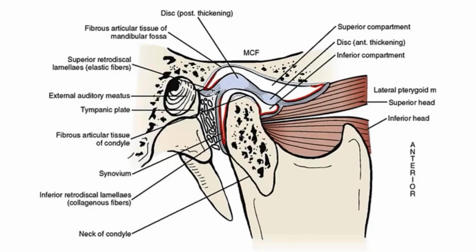We have said that the TMJ functions as a complex type of joint. We call it a ginglymoarthrodial joint, which indicates that it moves in both sliding and hinge movement.